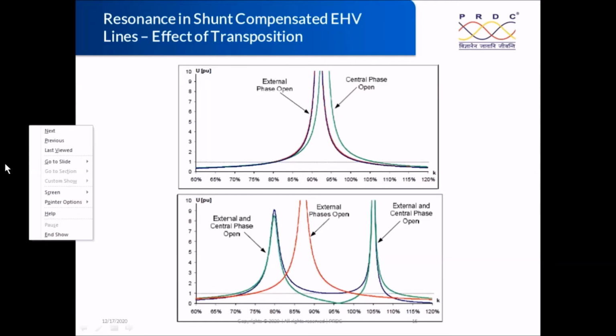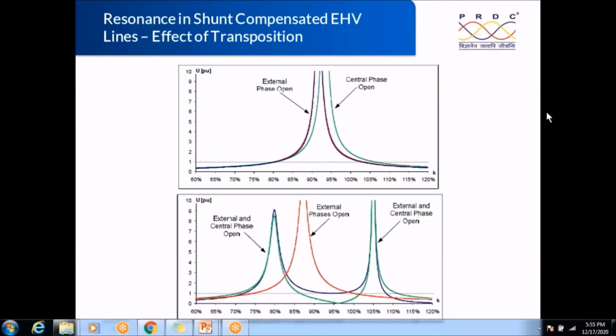Maybe in case of a double circuit line, we will have an impact. If you take a double circuit line with one circuit out of service and one circuit in service, and during that time any fault occurs on the healthy circuit, there may be a huge induced voltage effect in zero sequence mode.